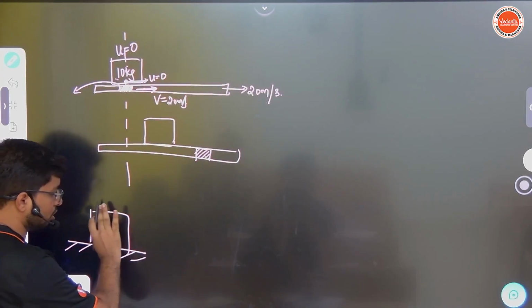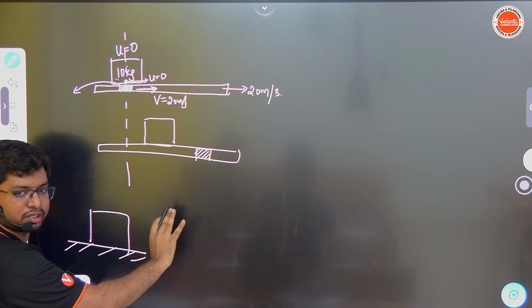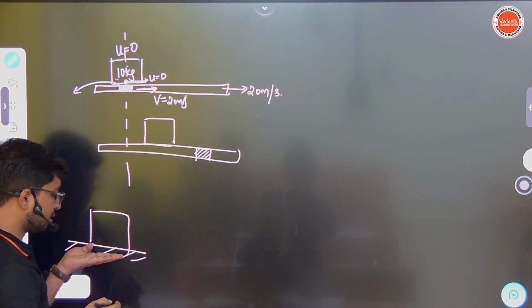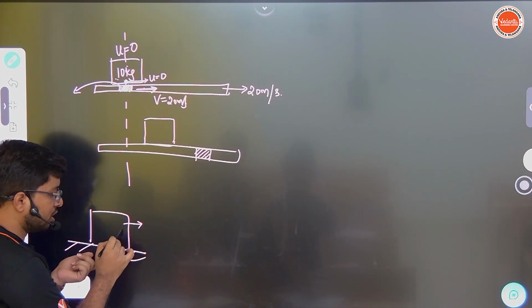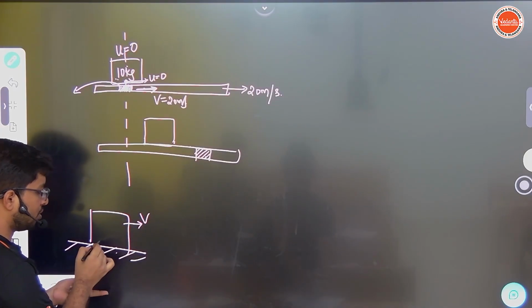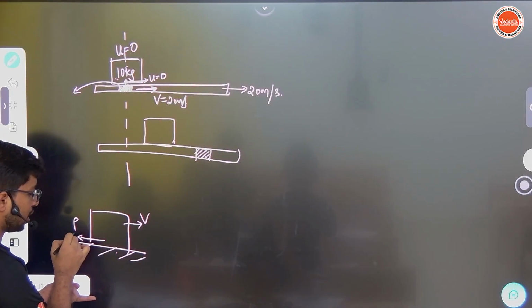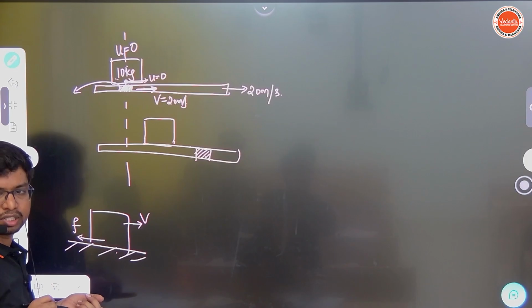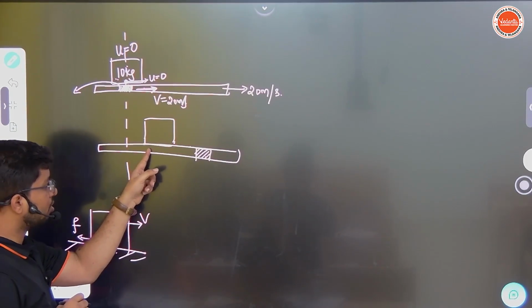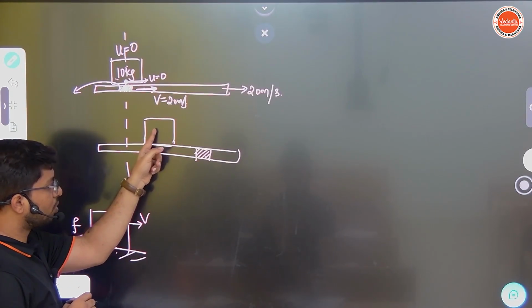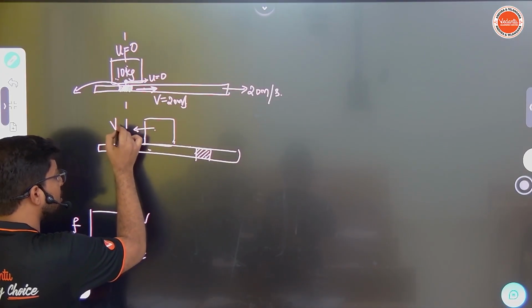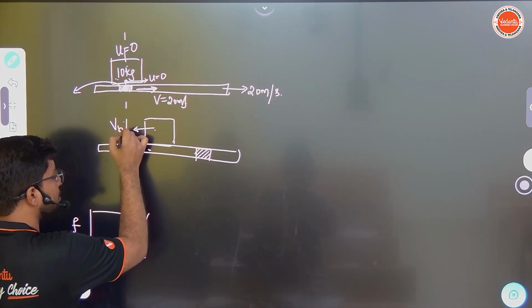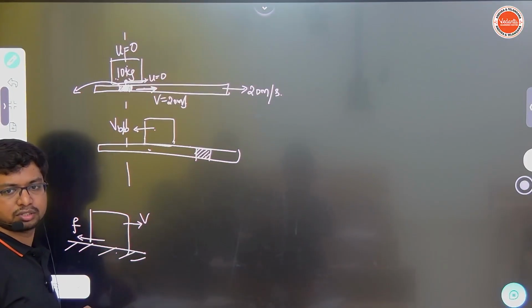You see here, on the ground, if I try to push the block in the forward direction, that means with respect to the ground, it is moving in the forward direction. Then friction on the block will act in the backward direction. Now, with respect to the belt, this is the velocity of the block, right?